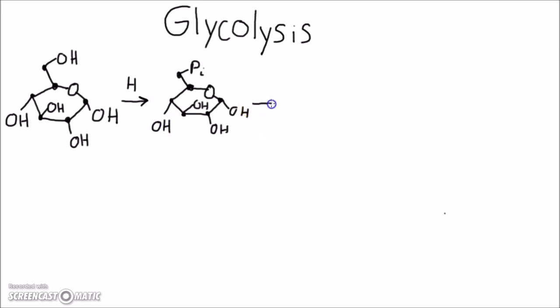Then you have phosphoglucose isomerase, which changes it from a glucose molecule to a fructose molecule. So instead of it being a 6-membered ring, it's now a 5-membered ring. You still have that carbon and phosphate hanging off there, but now you have another carbon hanging off there too. Because you didn't remove any carbons, you just changed the ring structure from 6 to 5.